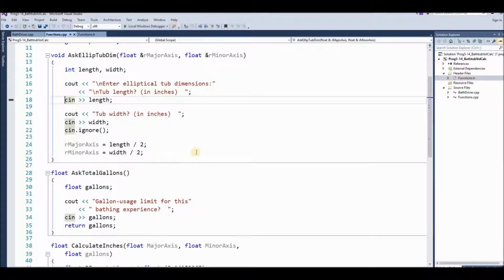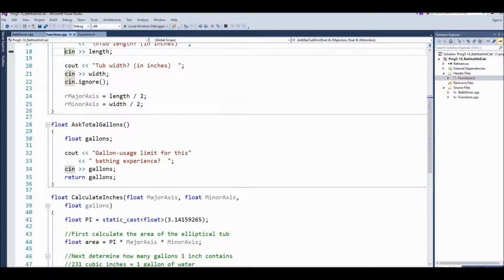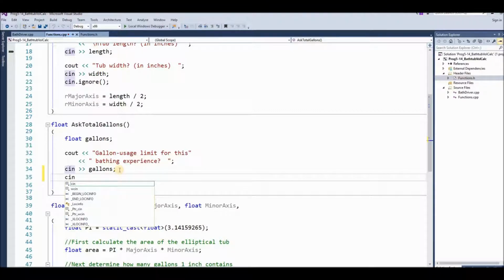Well, I don't actually have to go back to my output, although I could, because I just saw what happened. Look, in this function, I used cin and I did not put in cin.ignore. It doesn't matter what scope your cin is in.